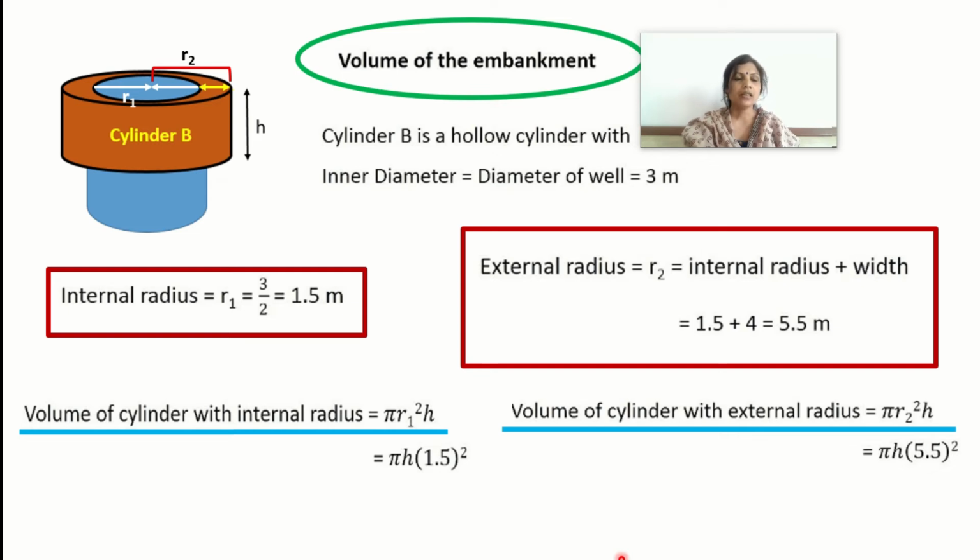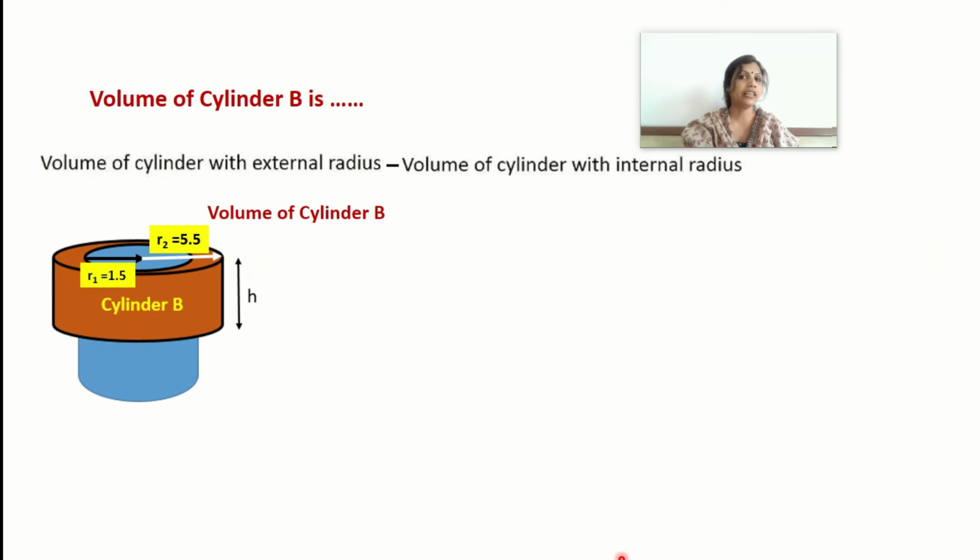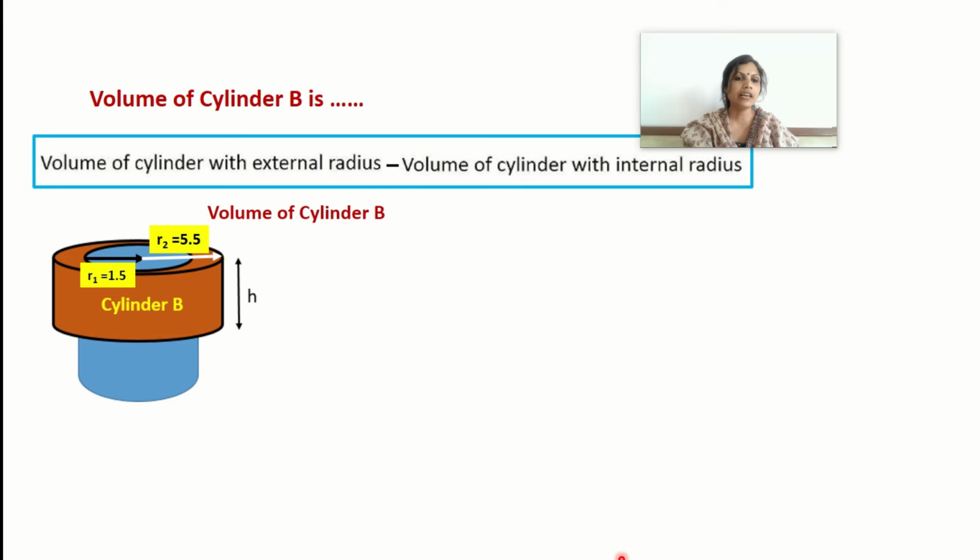Alright. So now volume of cylinder B is equal to volume of the cylinder with external radius minus volume of cylinder with internal radius. Alright, so the volume of embankment we are finding will be equal to volume of cylinder with external radius minus volume of cylinder with internal radius. So volume of cylinder B, we will write the values now.